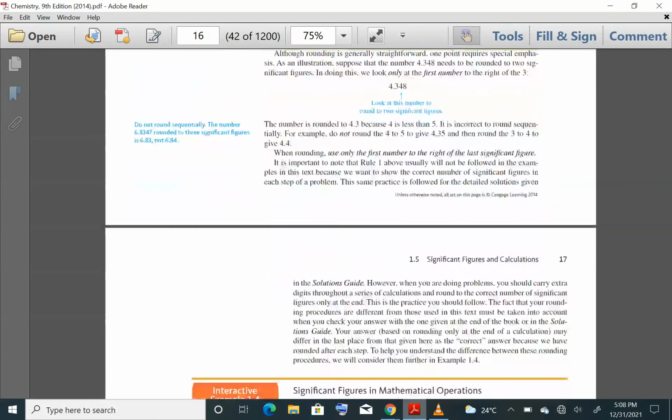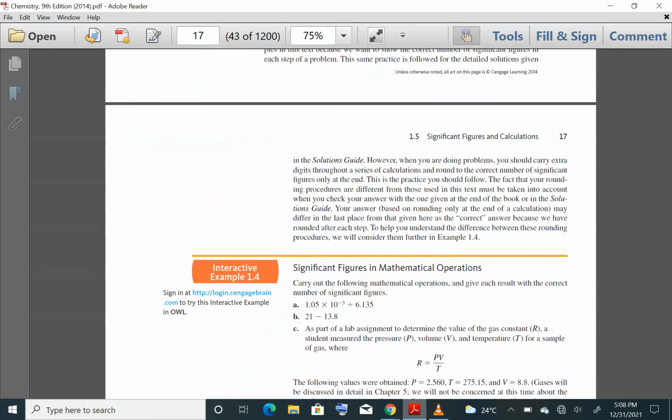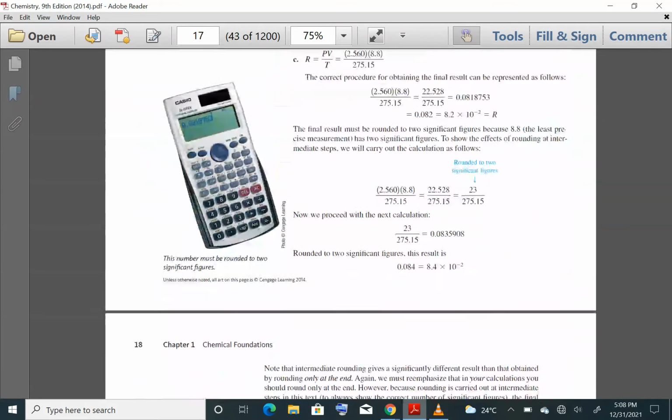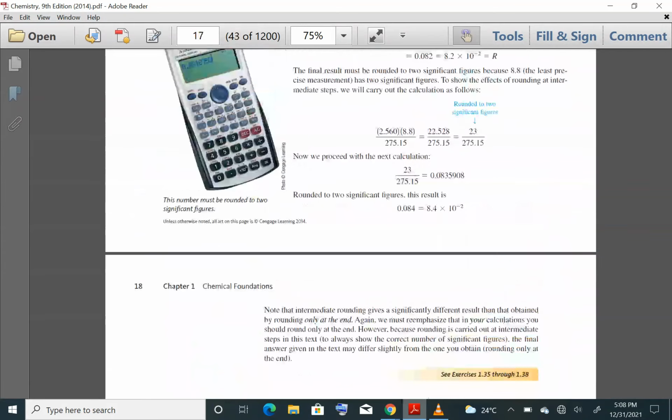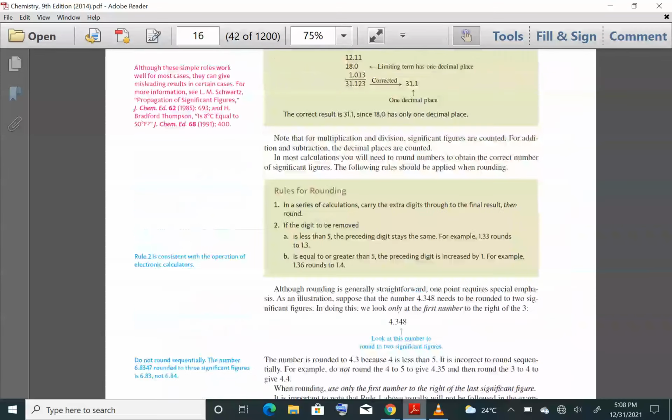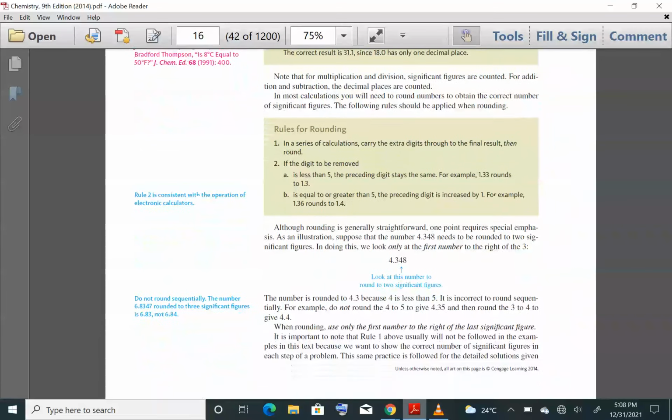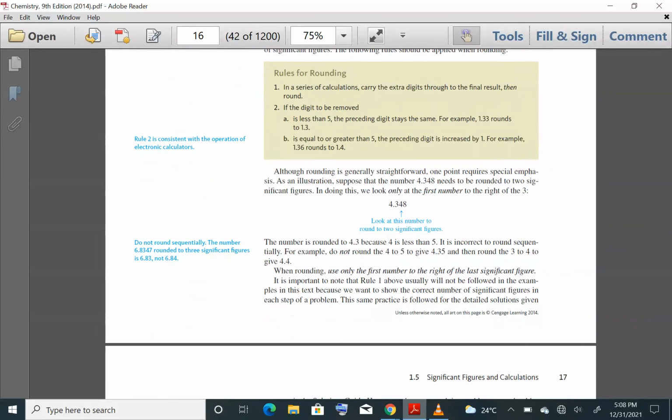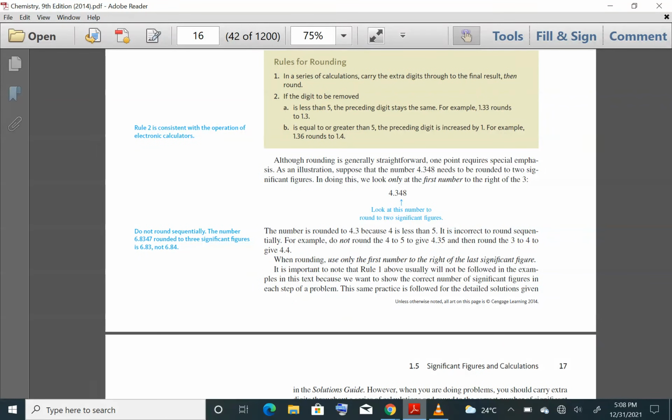Rounding off is very, very important, and it's one concept that you're going to make use of from time to time. In a series of calculations, carry extra digits to the final result, then round off. Whenever you are calculating things, especially in chemistry, the chemistry department tends to be very strict.